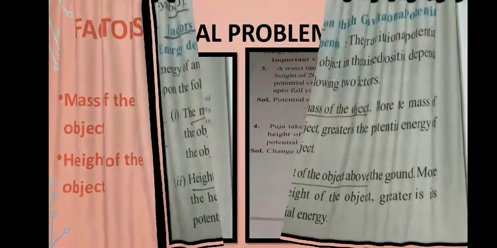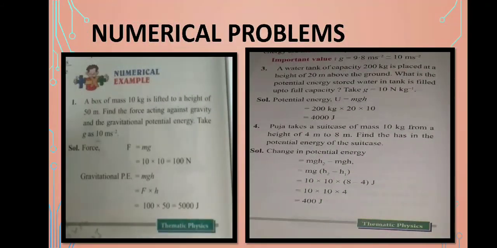Now my dear students, there are some numerical problems related to gravitational potential energy. In first, a box of 10 kg is lifted to a height of 50 meter. So mass is given, height is given, and value of g you will always take 10 meter per second square. So first of all, you have to find force.